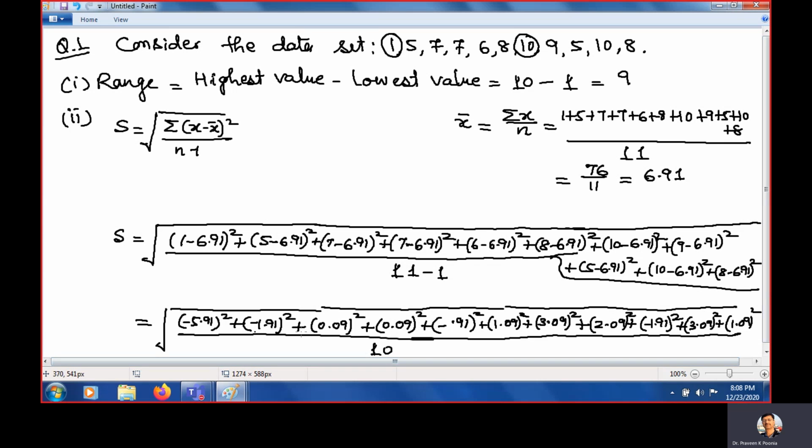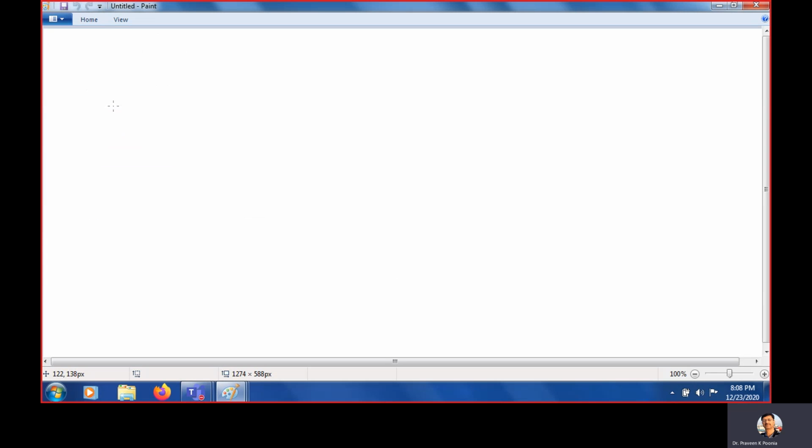Now you need to make all these squares, clear? And after squaring all these things, then you need to add these values. And if you add these values, you will get 68.9091. After squaring and adding, you will get this and upon 10.